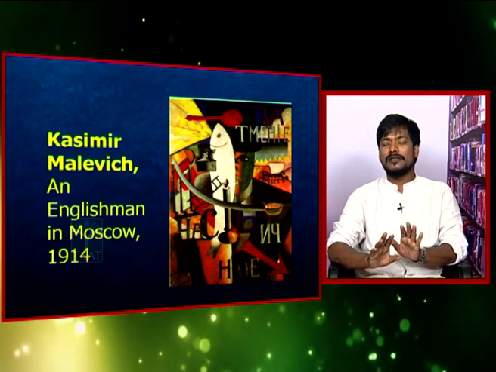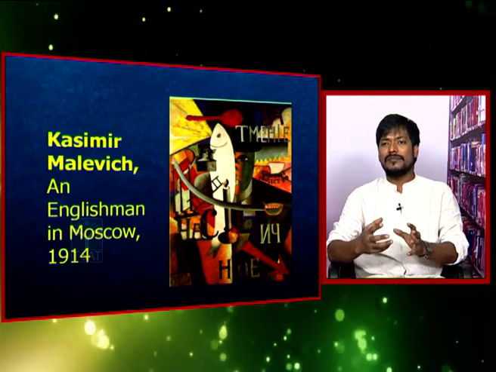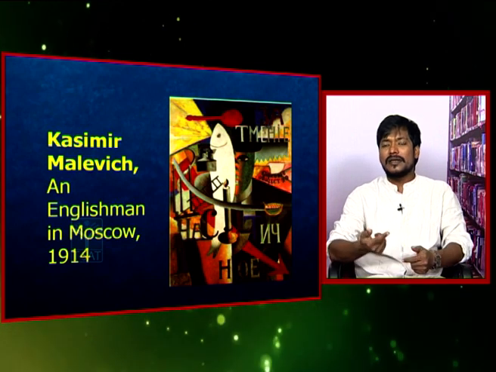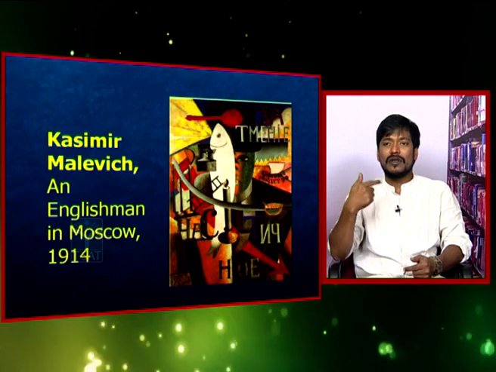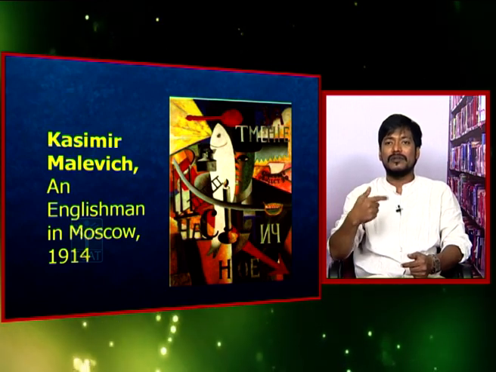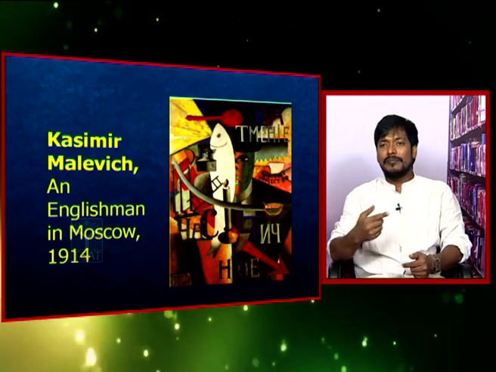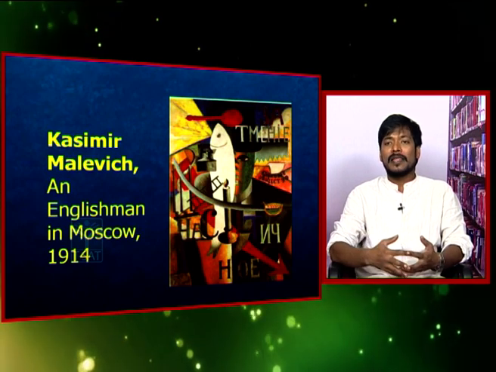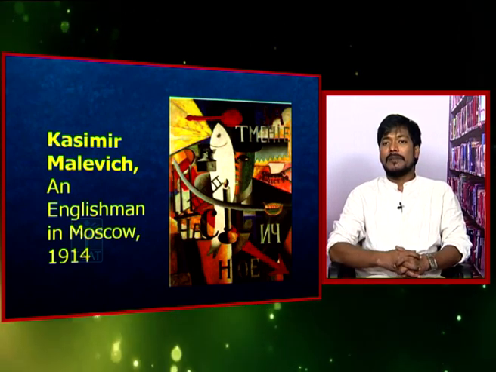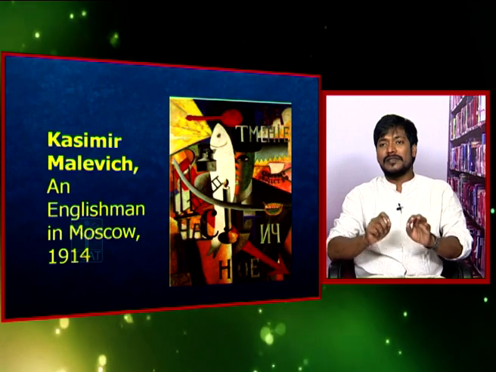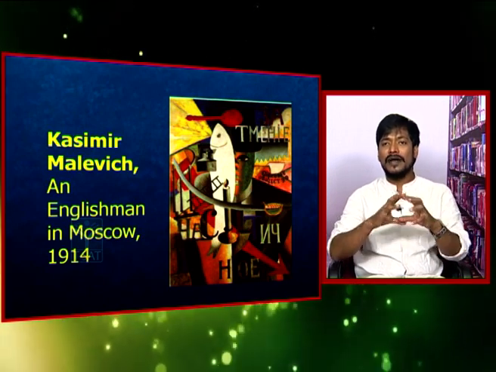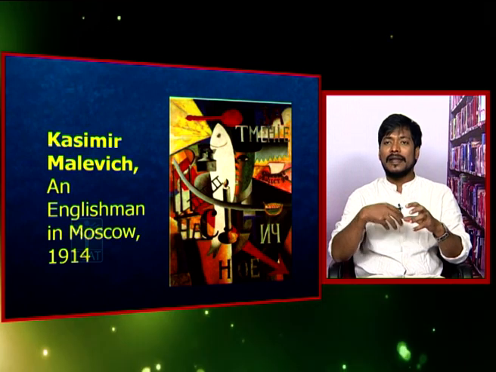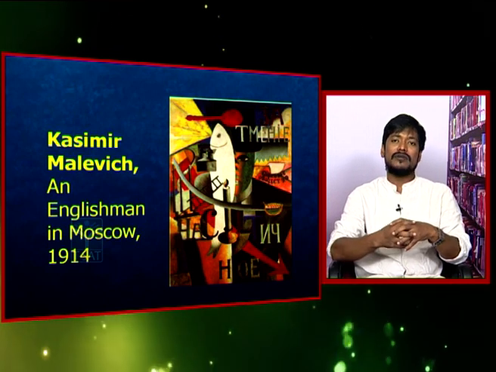So, it is not about representing the nature that you see, but representing what you have in your mind. It is more about the idea, right. It is more about the concept. One can paint very well the Englishman, but with the Englishman, Malevich is painting different elements, different motifs, and these motifs sort of combine together and form a story about this Englishman.